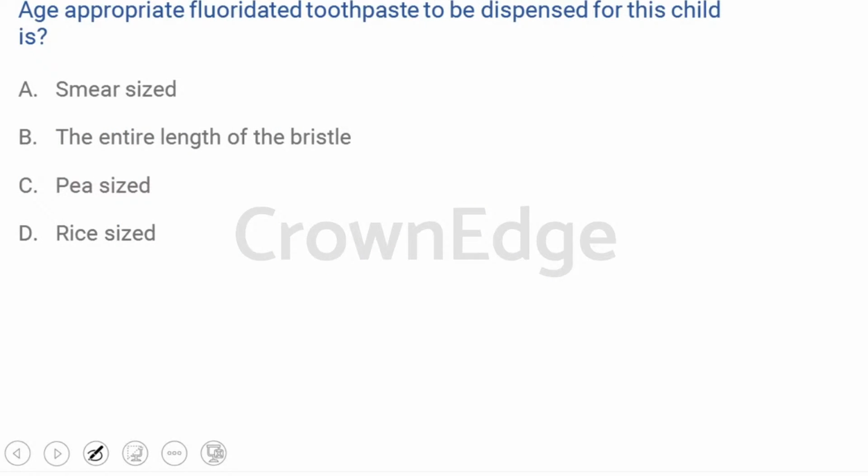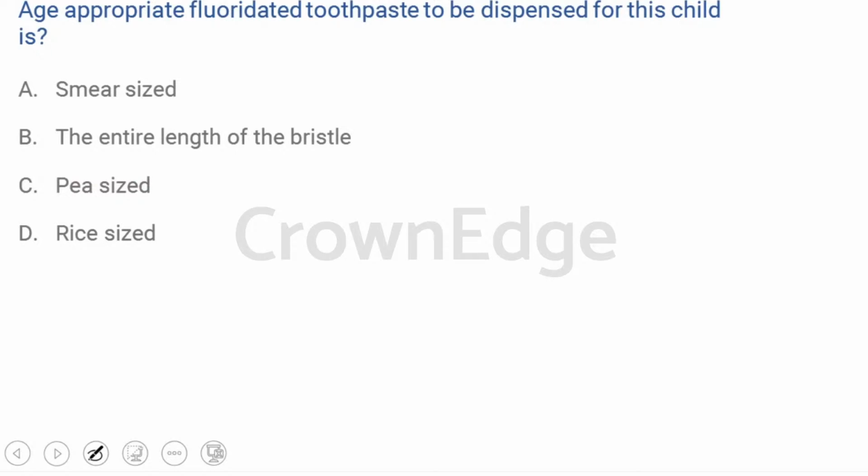Now, continuation of another case scenario is the age appropriate fluoride toothpaste to be dispensed for this child: is a smear sized, entire length of the bristle, pea sized or rice grain sized.